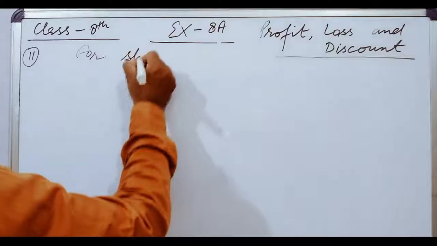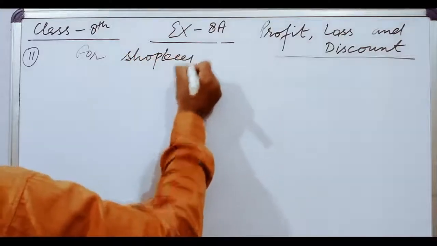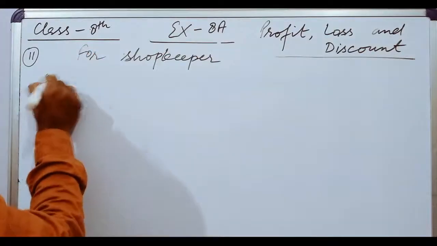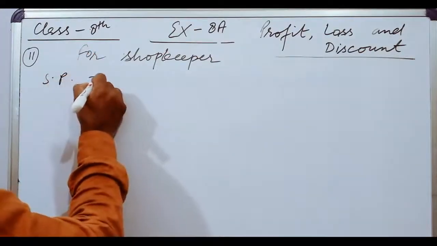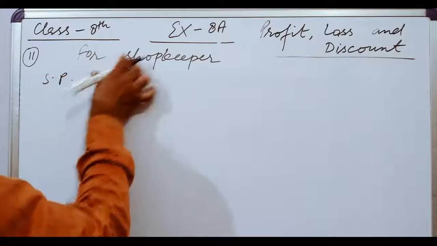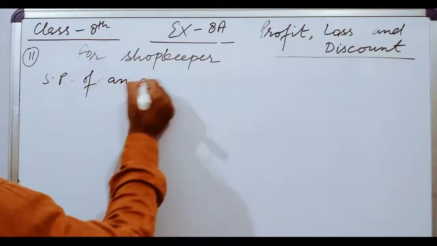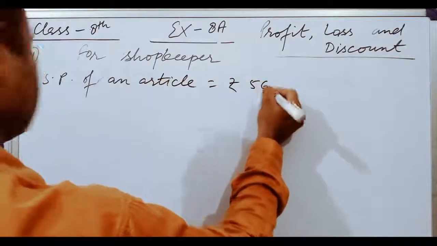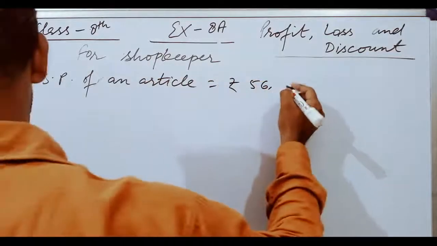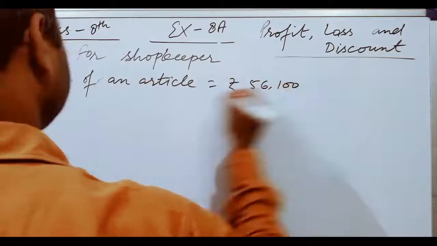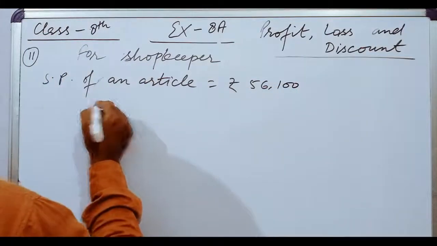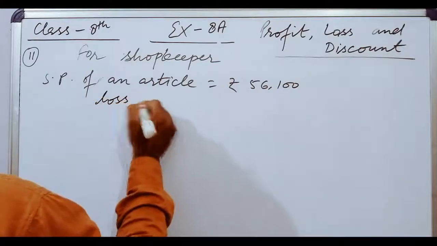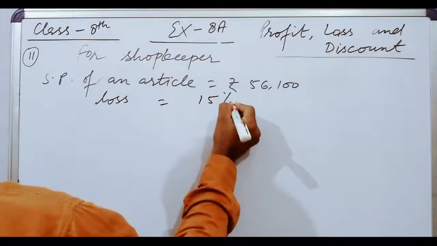For the shopkeeper, SP of the article equal to rupees 56,100 and then loss equal to 15%.